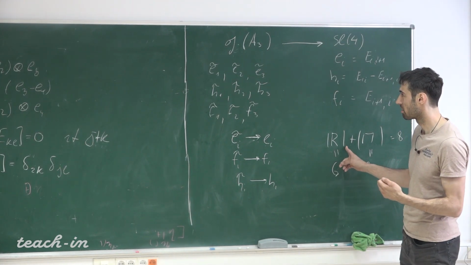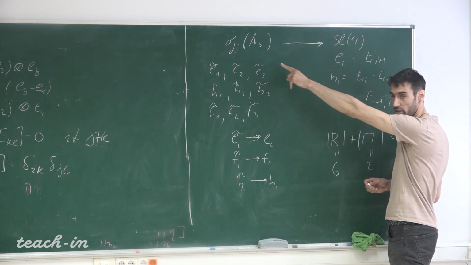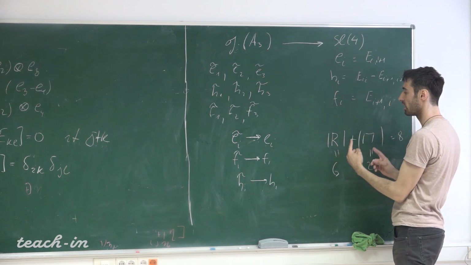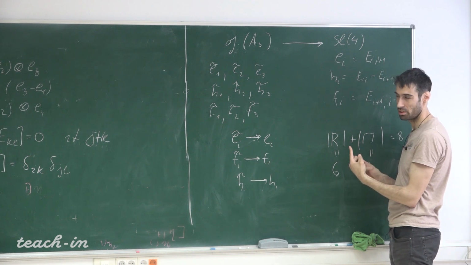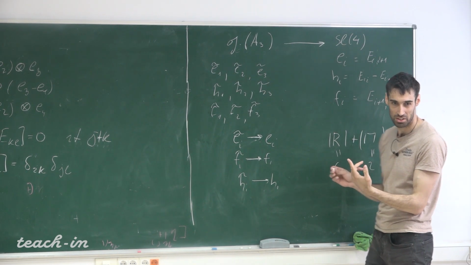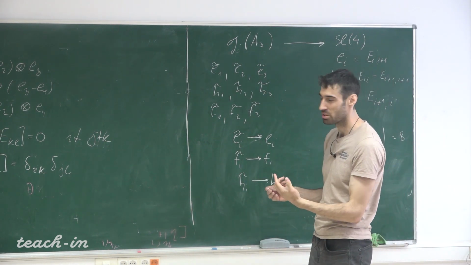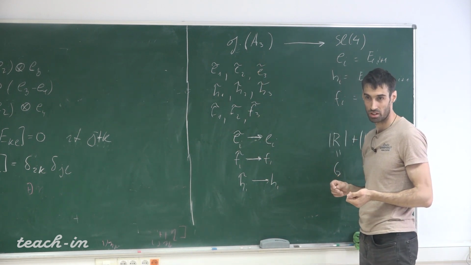But this is the dimension of SL4, and of this as well, but only if we know Serre's theorem, which is a very, very hard theorem. Well, not very, but there are harder theorems in the history of mathematics, but we don't have time to prove it in the course.